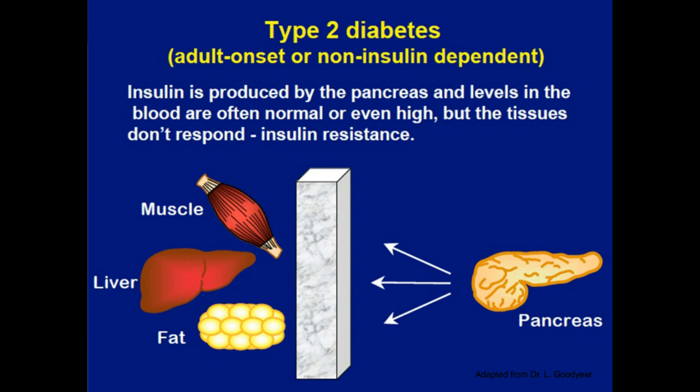You're trying to compensate, but the insulin doesn't work. So there's like a wall that's built. The insulin can't talk to the muscle or the liver or the fat, so it can't tell the glucose to go in. And that results in your blood glucose levels going up into the high zone after you consume a meal. So that's what's going on in type 2 diabetes or pre-diabetes.